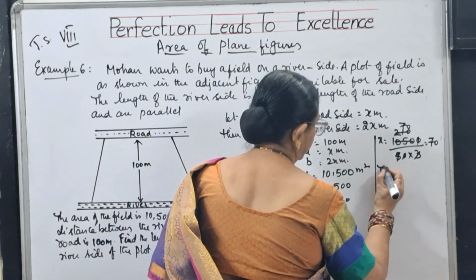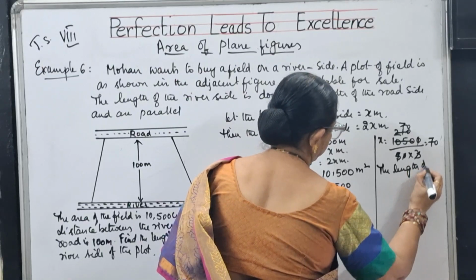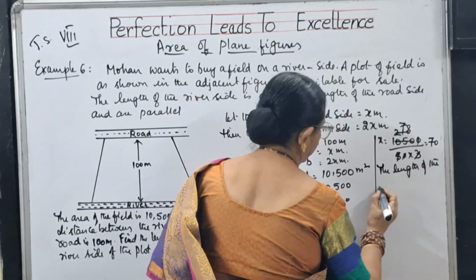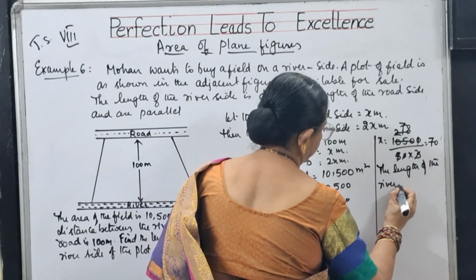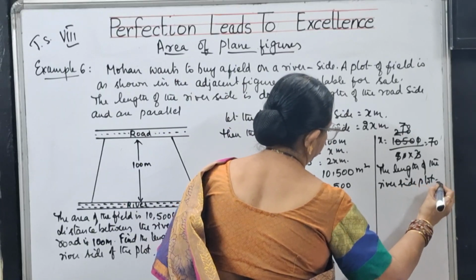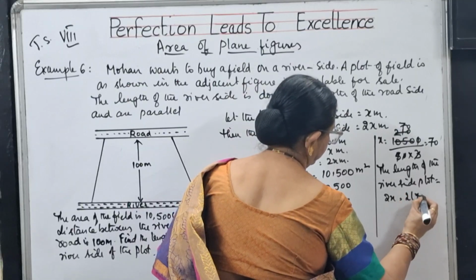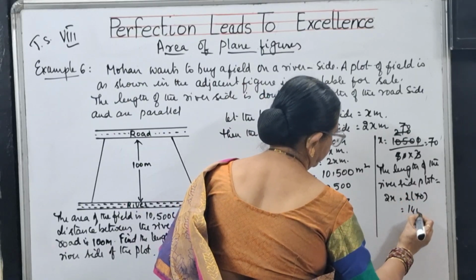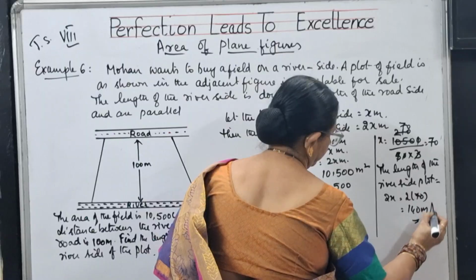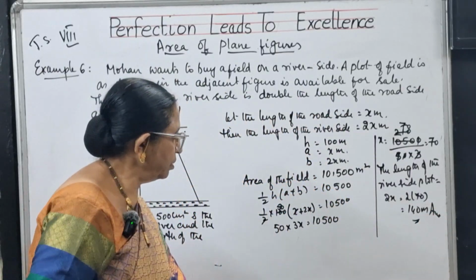So the length of the river side plot is equal to 2x, that is 2 into 70, that is 140 meters. This is the answer for this problem, children.